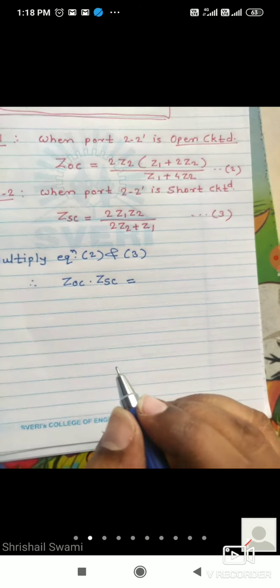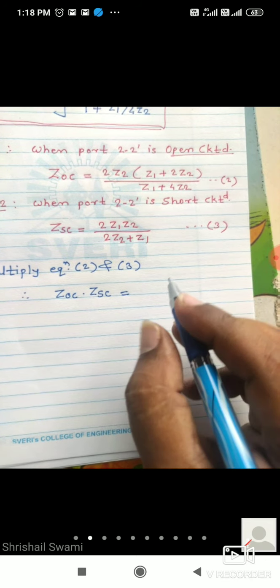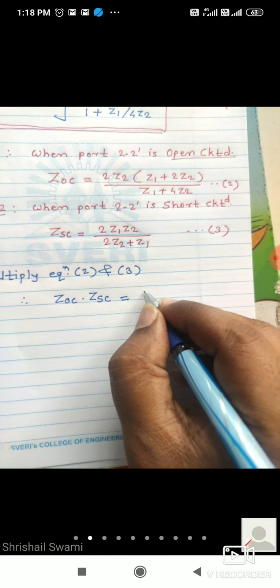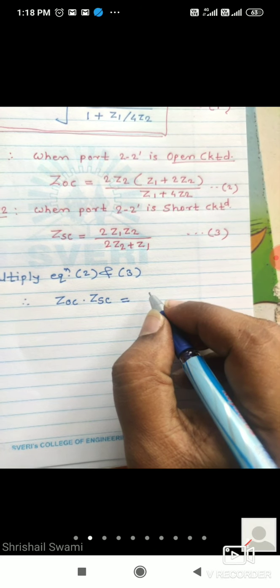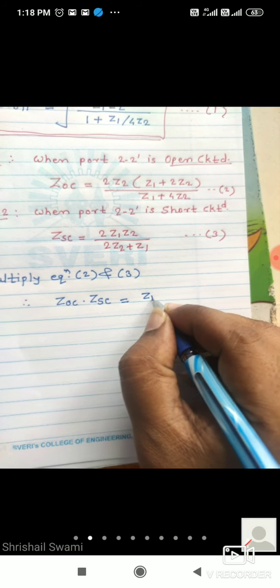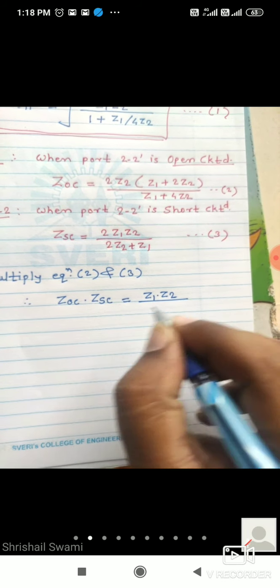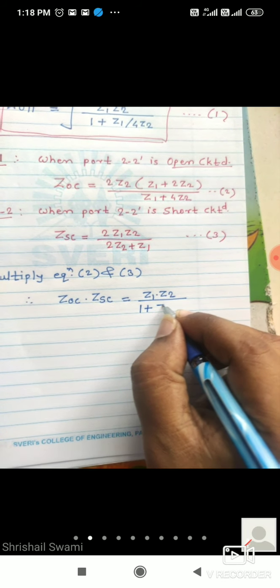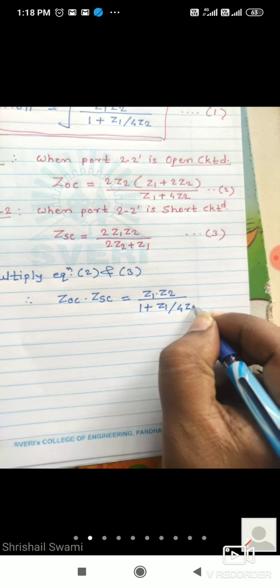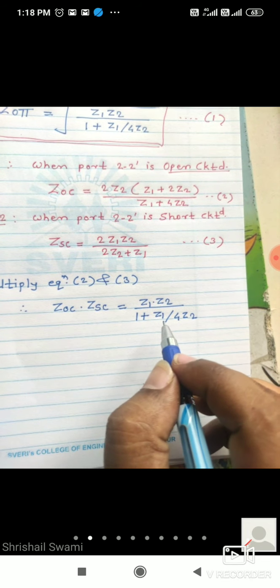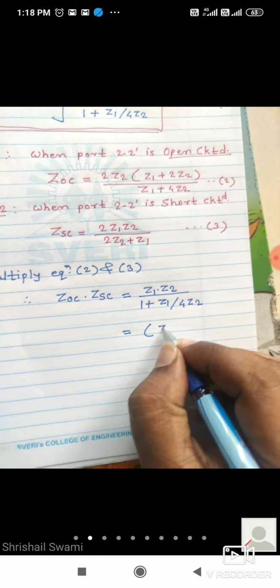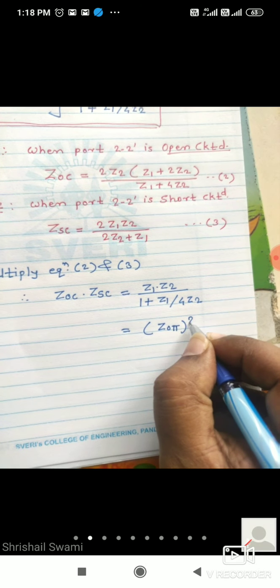If you multiply, see what you will get. You will get Z1 into Z2 divided by 1 plus Z1 by 4Z2. So what is this one from equation number 1? That is nothing but Z0 pi square.